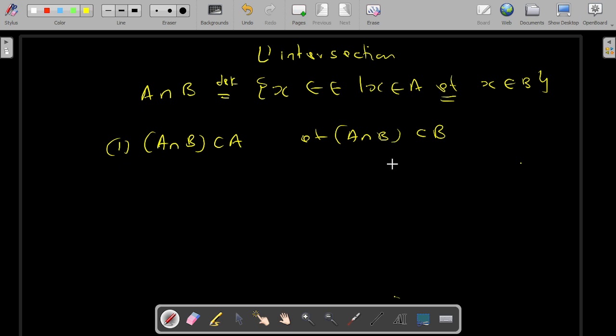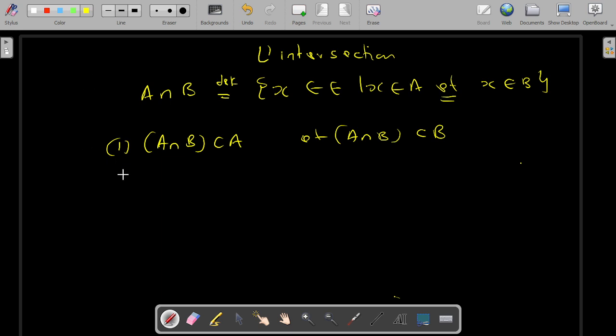So we are limiting the number of elements, neglecting the elements that A and B don't have in common. All the elements in A intersection B are going to be in the set A, but A might have other elements.